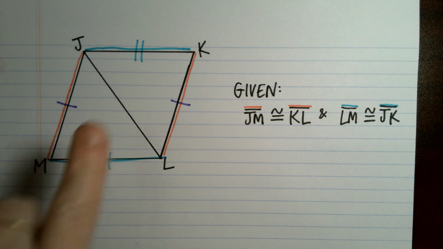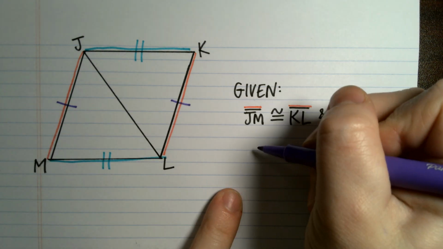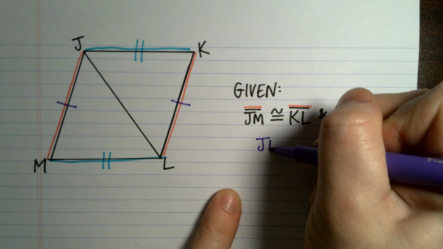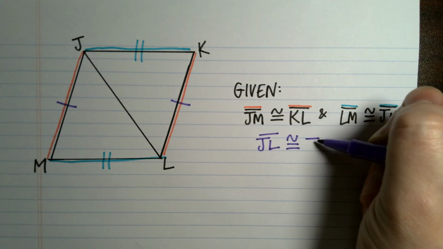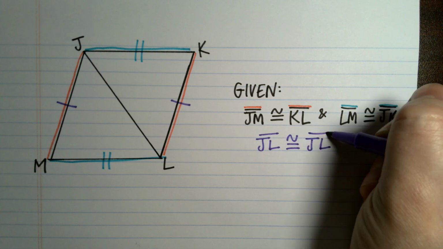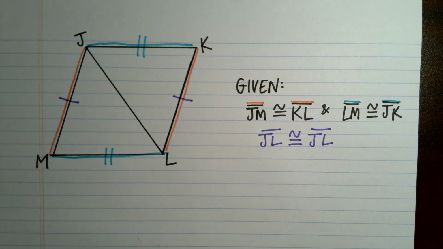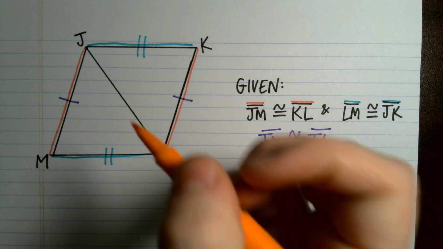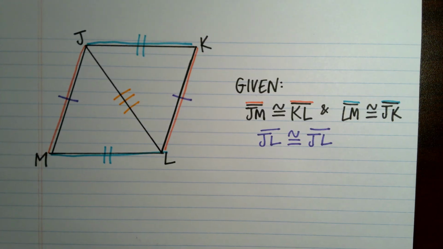So both of these triangles are sharing JL. So I'm going to write JL is congruent to JL, and I'm going to mark that on my picture. How many tick marks do I need now? 3. Good. We've already used 1 and 2, so now we need 3 tick marks.